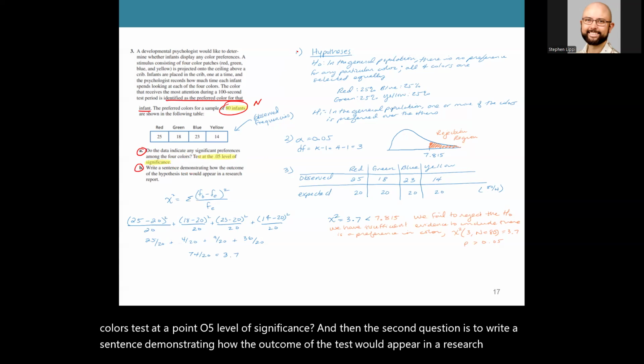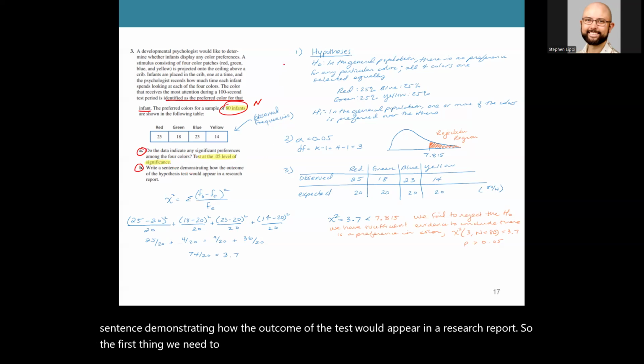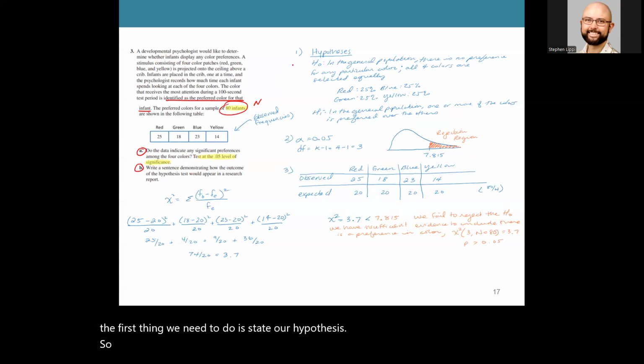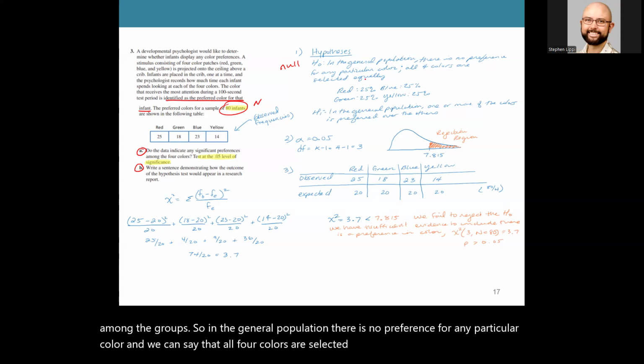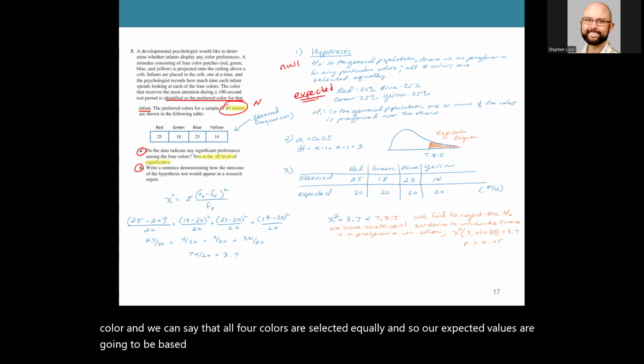So the first thing we need to do is state our hypotheses. Here we have our null hypothesis, which is again just stating that there is no preference among the groups. So in the general population, there is no preference for any particular color. And we can say that all 4 colors are selected equally. Our expected values are going to be based on this null hypothesis.